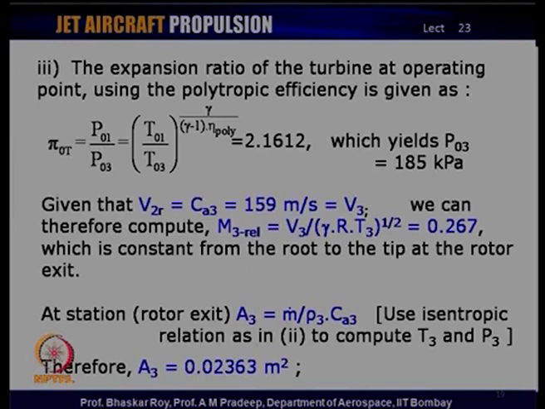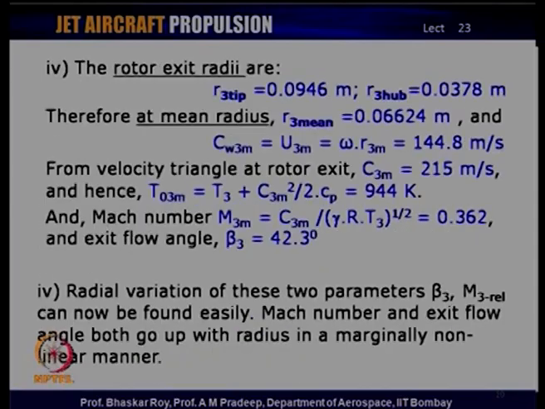Now, at station 3, A3 can be found using the continuity condition as m dot divided by rho 3 into C A3, and this yields the rotor exit area to be 0.02363 meters square. So, that is the area you would get at the exit of the radial turbine rotor.